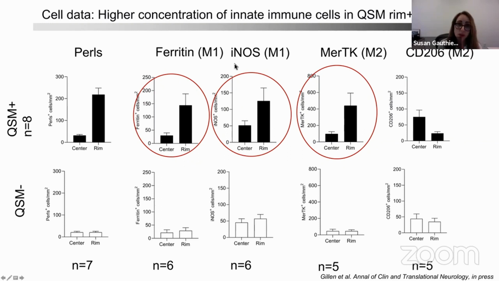M1 is pro-inflammatory, meaning they're actively doing damage, more neurotoxic, more demyelinating, as opposed to M2, which is cleanup. These are microglia that are there to clean up the demyelination. So if you have M1, you should have M2. This demonstrates that these are very active lesions, as opposed to these QSM negative lesions.